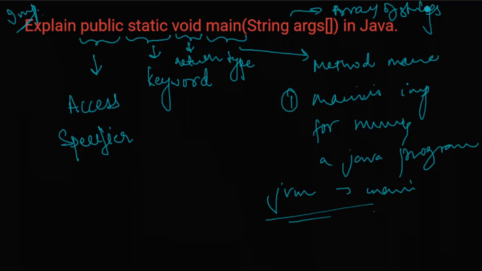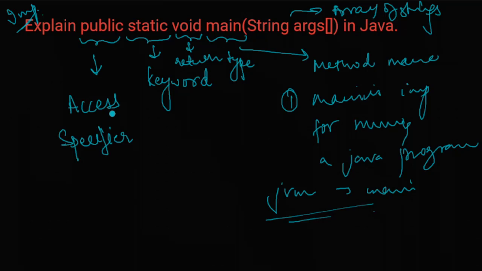Now this is the general meaning that you come up with. Now coming to the actual meanings. As said, access specifier and public: this means that this particular main function is made public so that the JVM could invoke it from any of the classes, whether it is in the current class or not.